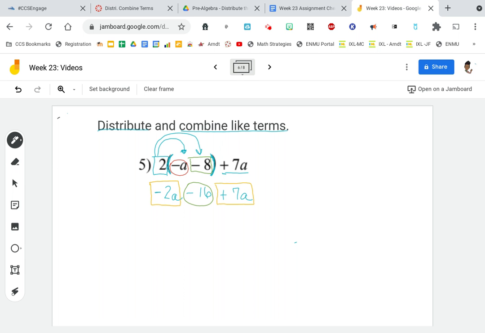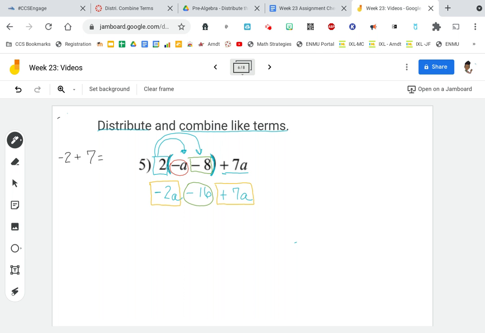So I'm going to look at their coefficients. The coefficient of the first term is a negative 2, and I have to combine that with the coefficient of the last term, which is 7. So negative 2 plus 7. Well, when I'm adding a negative and a positive, they have different signs, and my rule is to subtract their absolute values and keep the sign of the number with the greater absolute value.